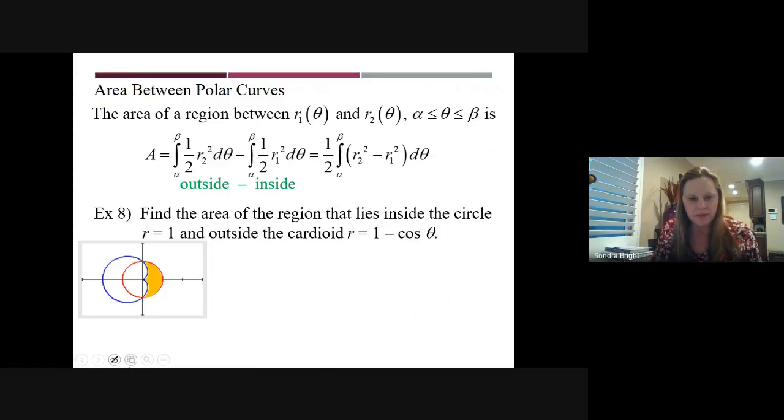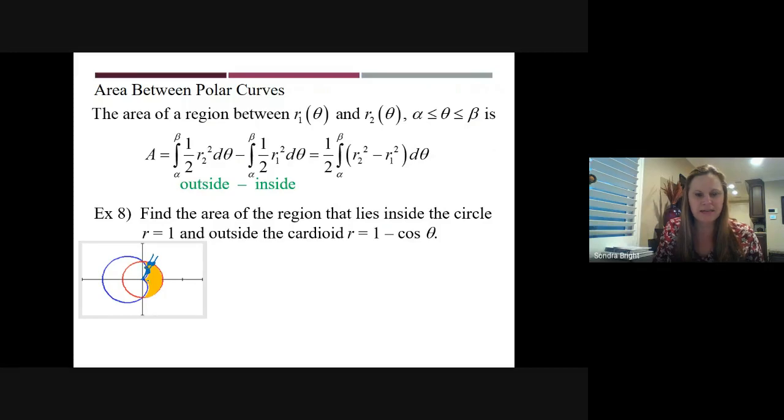Let's do it again. As you're drawing out sectors, I'll draw a sector that looks like that. Do you see this one little sector? It's going to hit the circle on the outside and it's going to hit the cardioid on the inside.